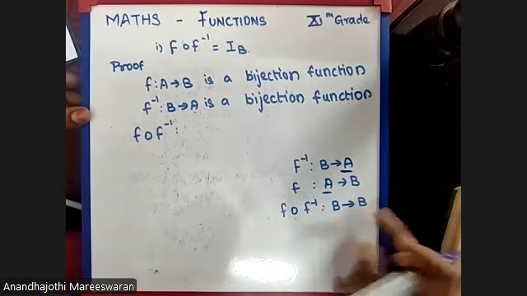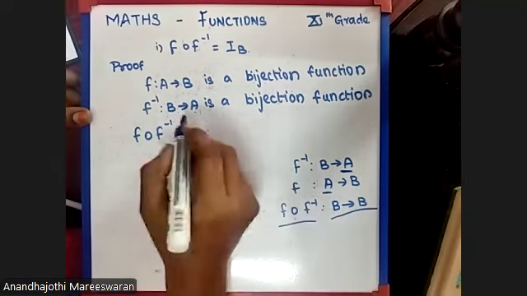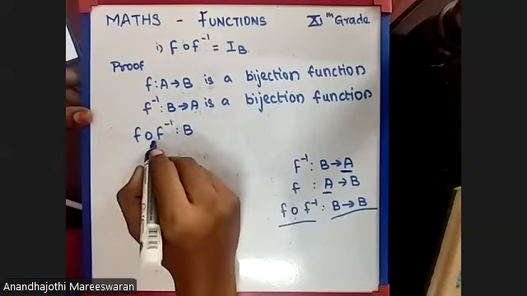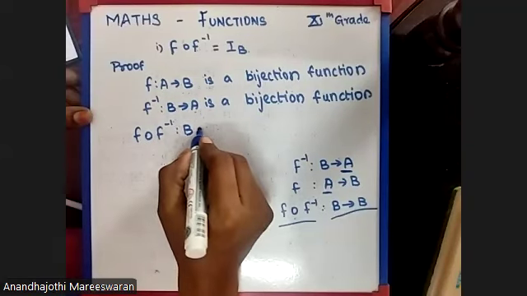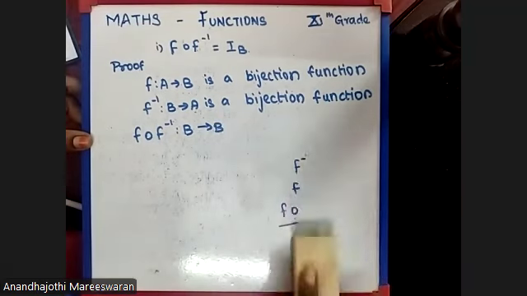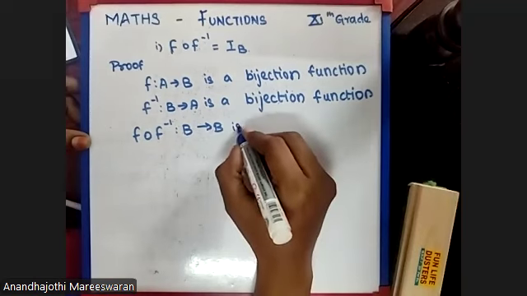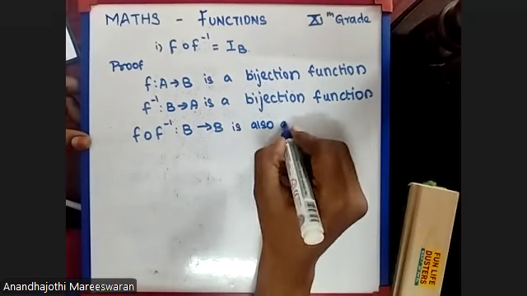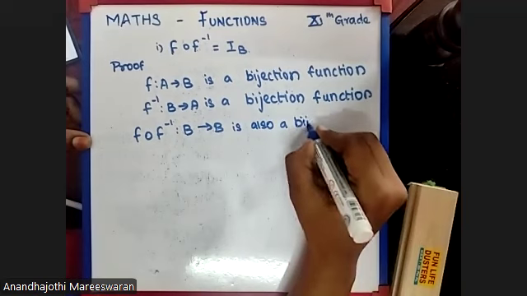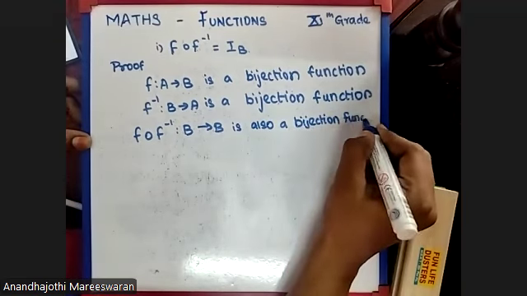Okay. So now we separately find the domain and codomain for these functions. f circle f inverse maps B to B, and is also a bijection function.